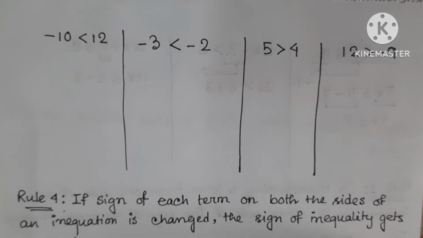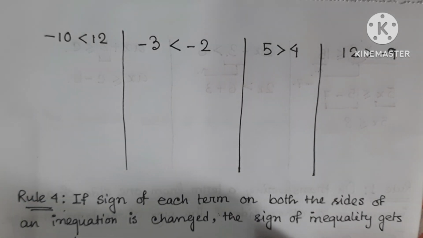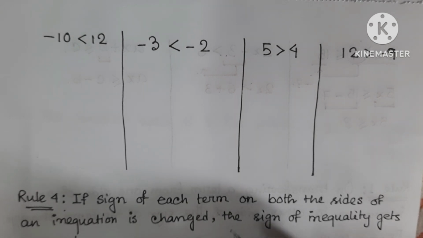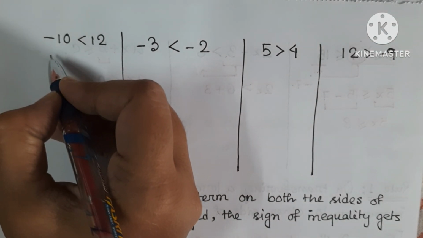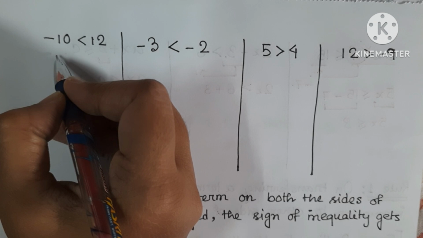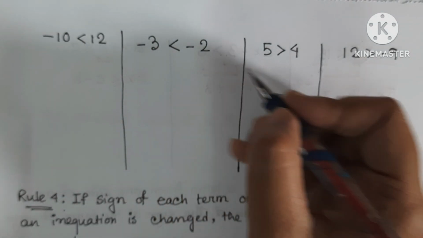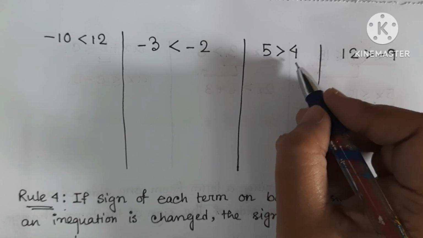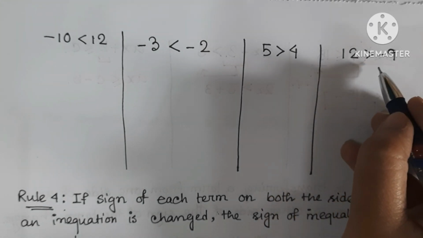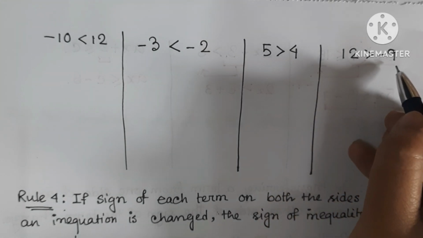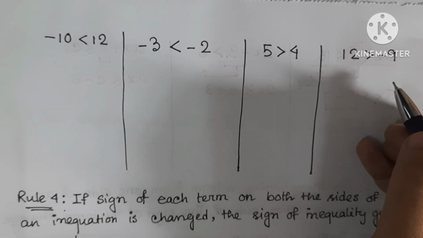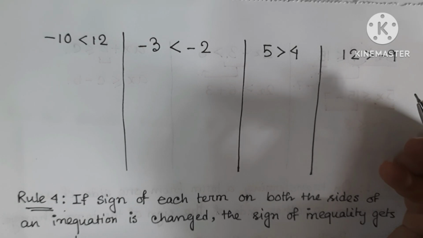Okay, now let's consider these 4 inequalities. The first one is minus 10 is less than 12, second is minus 3 is less than minus 2, 5 is greater than 4, and 12 is greater than minus 9. Now, if I change the sign of each term on both sides, what will happen?